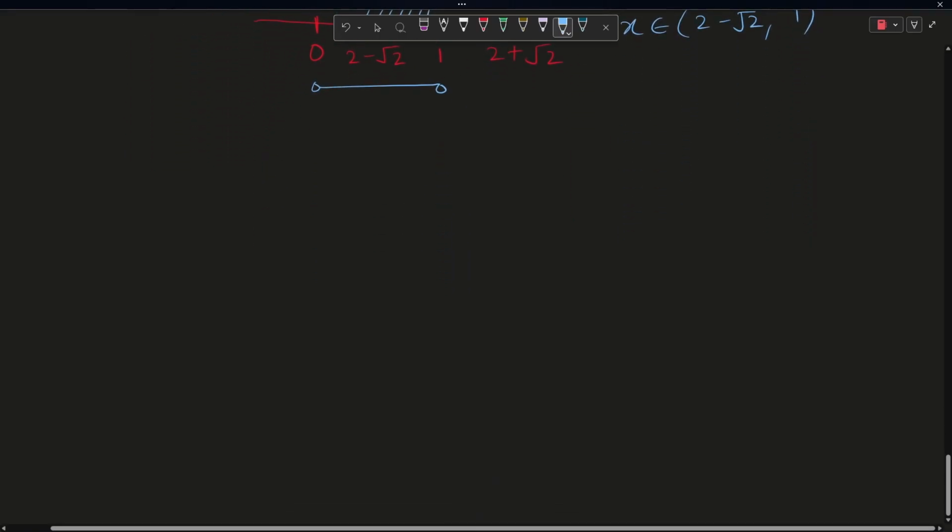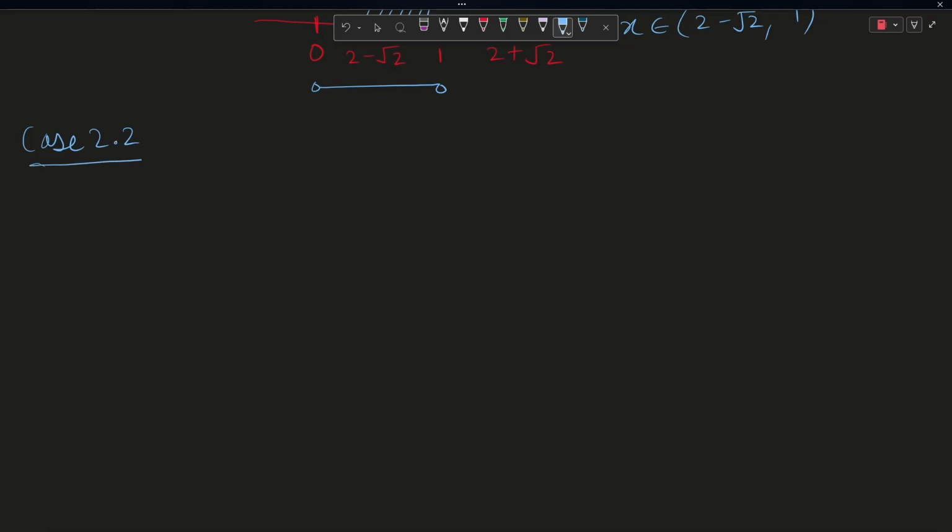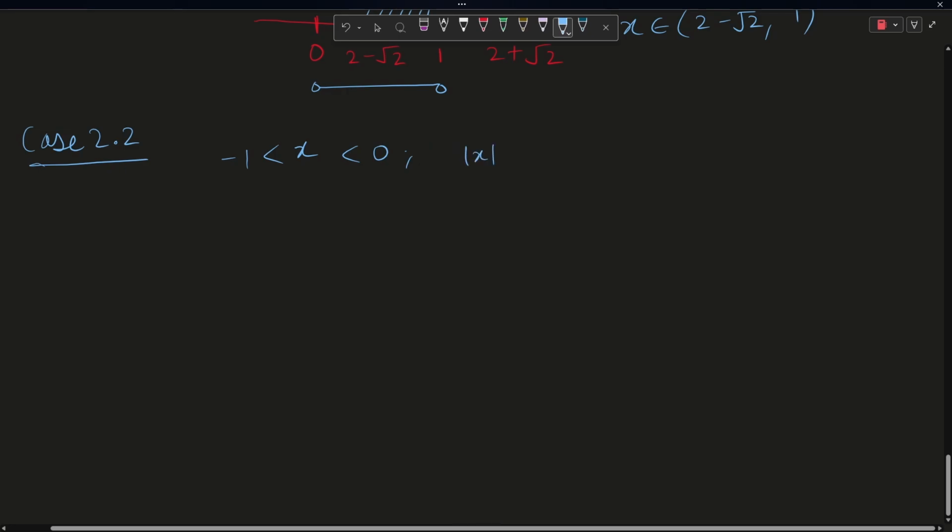Now, for case 2.2, the value of x is in between minus 1 and 0. This arises because mod x value is from 0 to 1, right? So in that case, again, base is between 0 and 1.